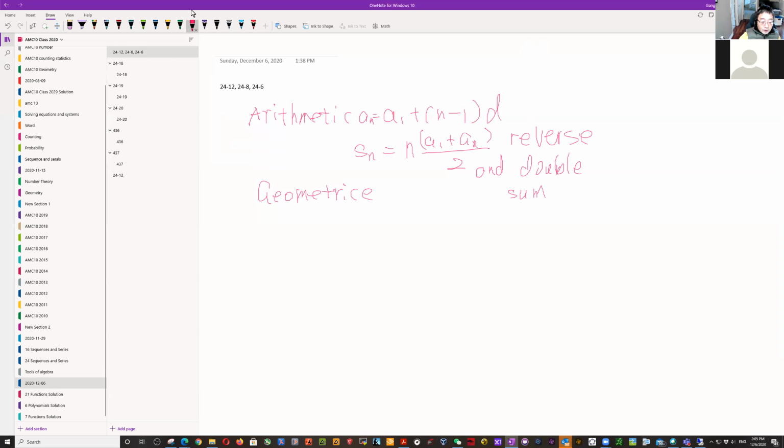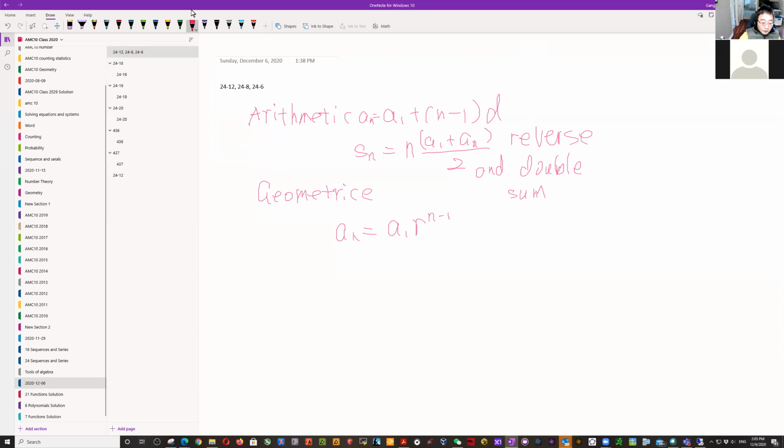Then for the geometric sequence and series, an is equal to a1 multiplied by r to the (n minus 1)'s power. This r is the common ratio.